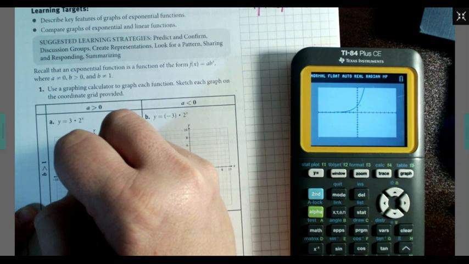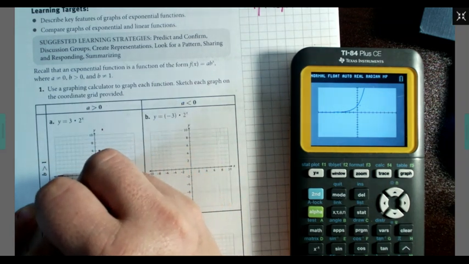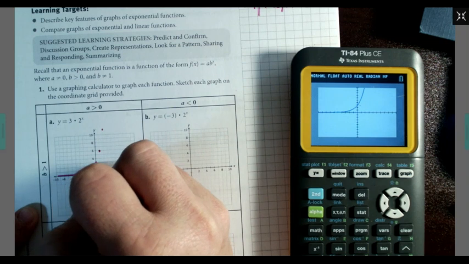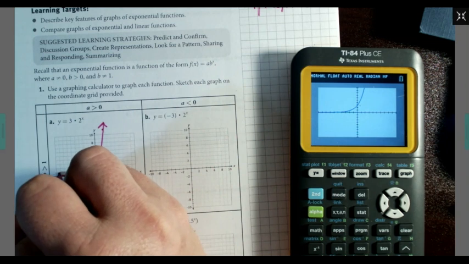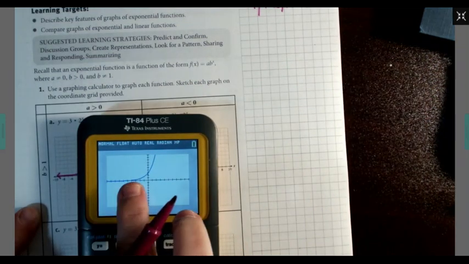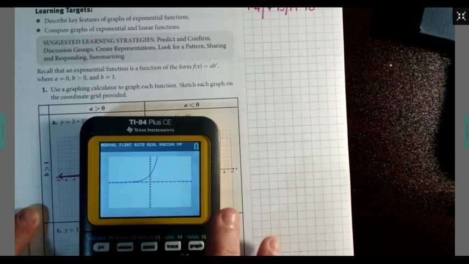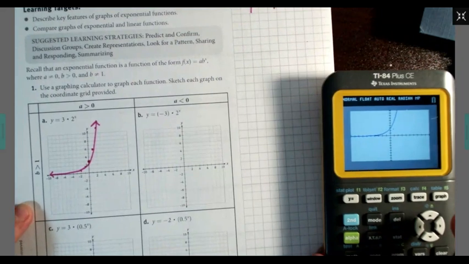Half of that would be 0.75. So it looks to go something like this. Something like that, right? Notice that this line never actually goes past 0. It gets really close, but never should cross it.